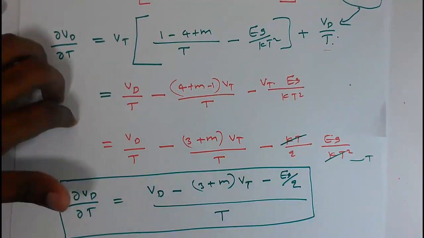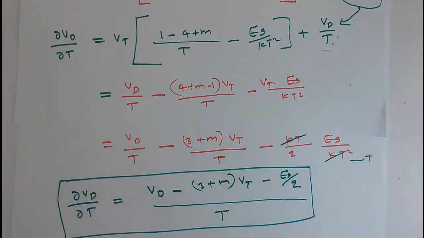So this is the slope of the CTAT when we consider I0 as a PTAT. Earlier we derived the dou Vd by dou T, that is the slope of our CTAT, considering I0 is a constant. So now we have two expressions for dou Vd by dou T, one with I0 considered as constant, one with I0 considered as a PTAT, which is really happening in the BGR circuit.